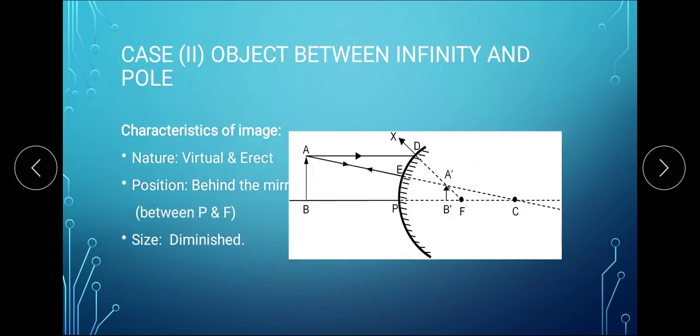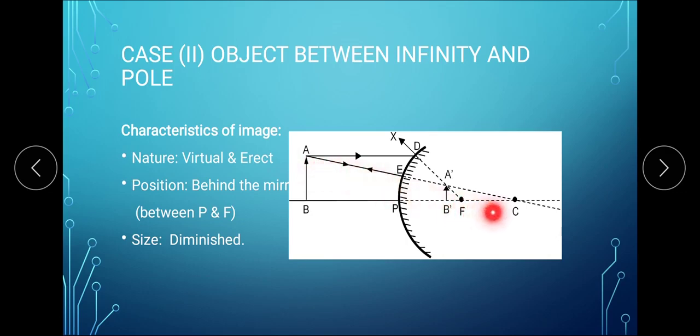Right students? The second case, when the object is at a finite distance, that is between infinity and pole. You can see the incident ray. First incident ray which is parallel to the principal axis after reflection will appear to diverge from principal focus.